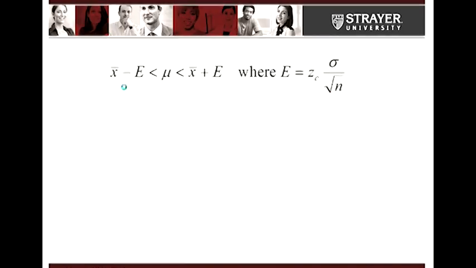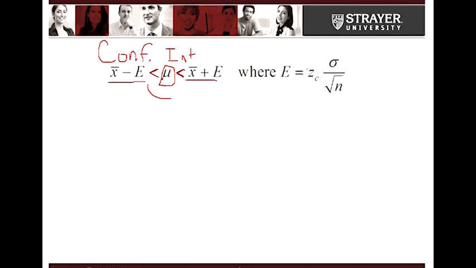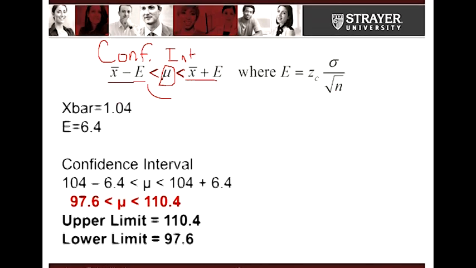Okay? So, the confidence interval is, see here, here's the mean. This is the population mean. And this is saying that the true population mean is between the mean minus the margin of error and the mean plus the margin of error, where E is that critical Z times sigma over the square root of n.